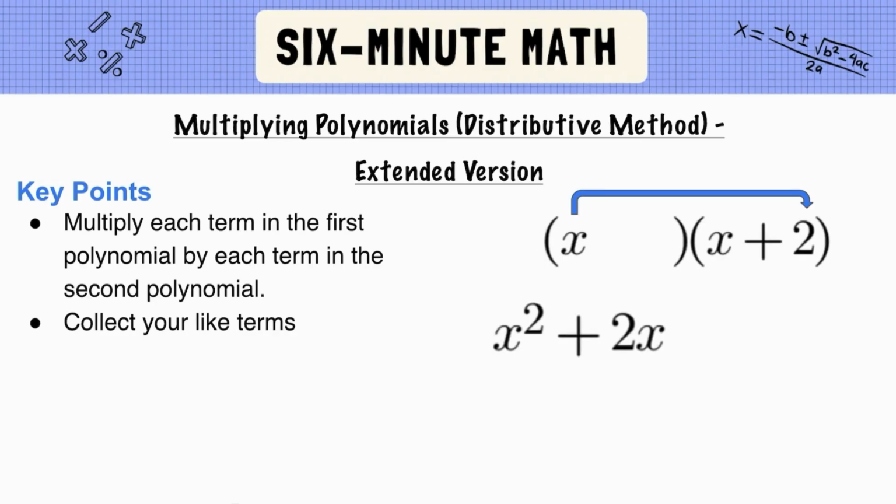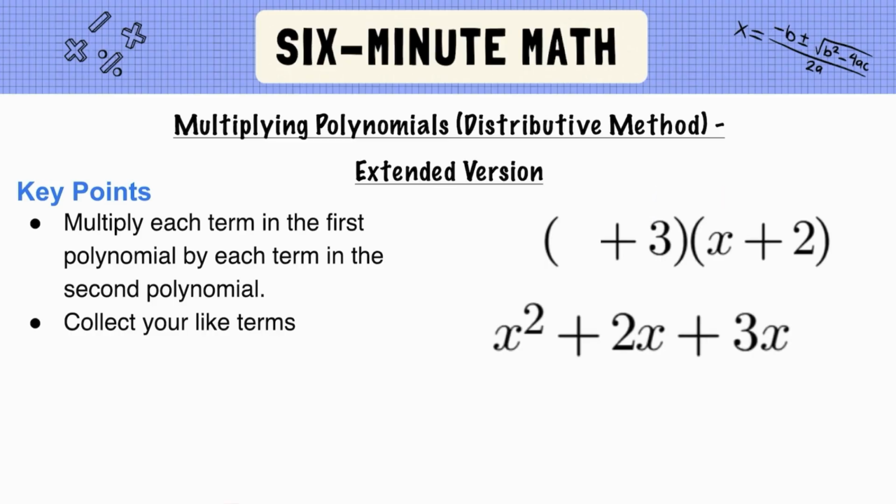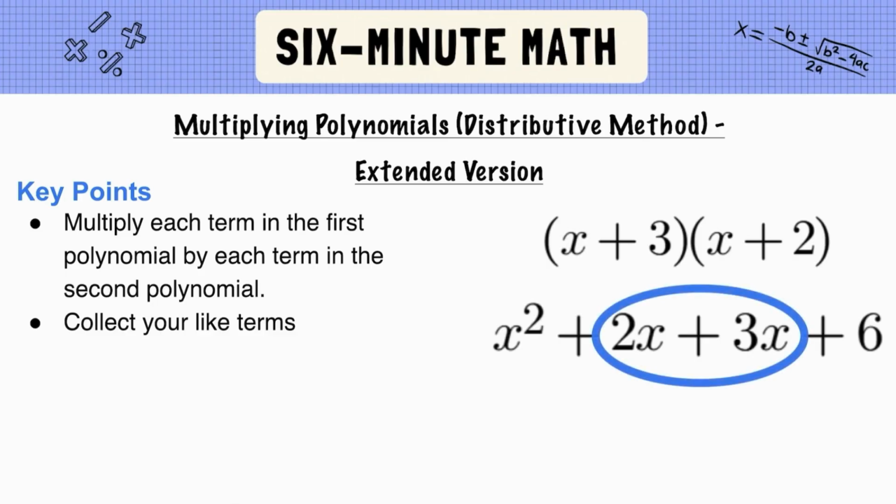I am done with that first term, so I'm going to isolate the second term, positive 3, and multiply it by each of the terms. 3 times x is 3x, and then 3 times 2 is 6. At this point, I'm on to my last step of collecting like terms. I only have the 2 in the middle, so therefore my final answer will be x squared plus 5x plus 6.